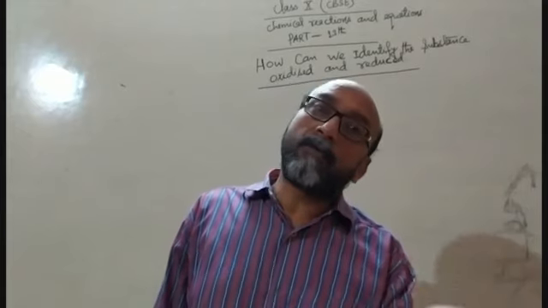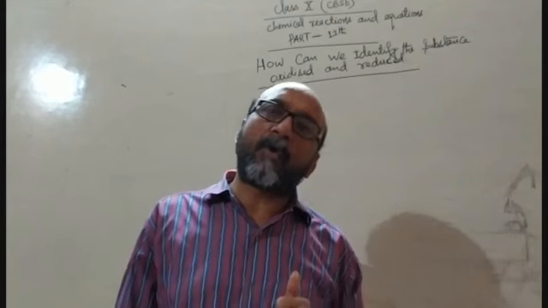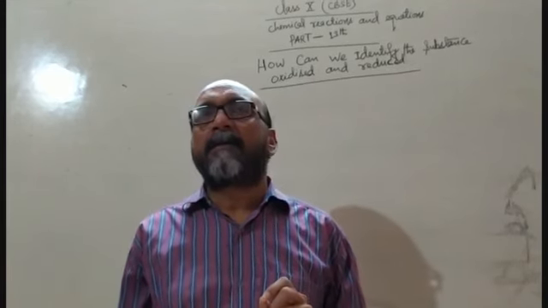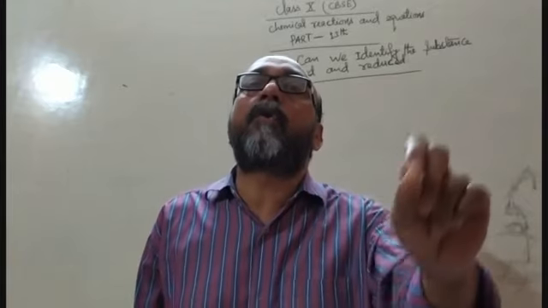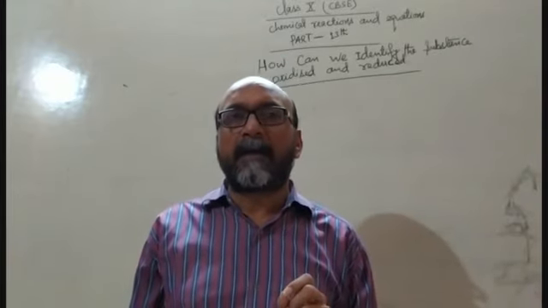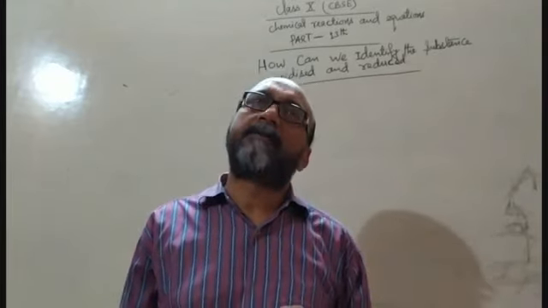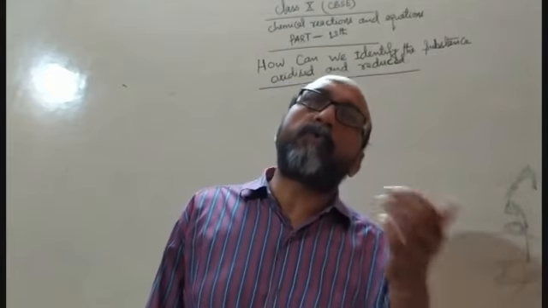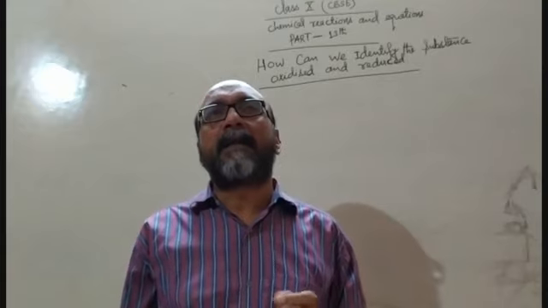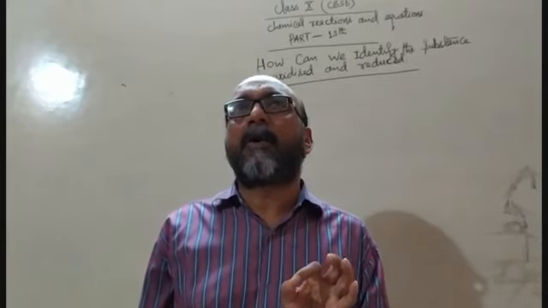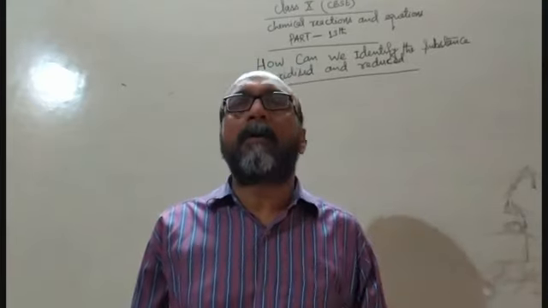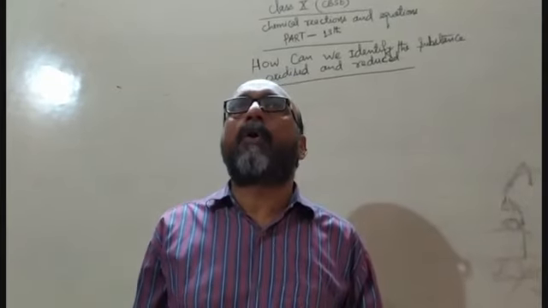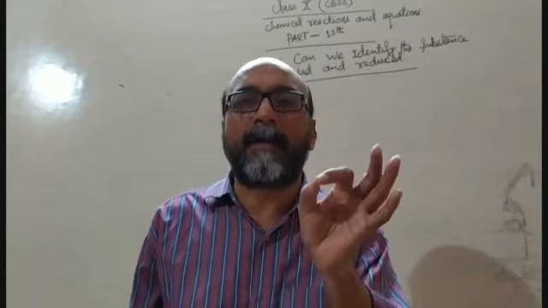The third way to define oxidation is the loss of electron by an element, and the fourth one is the increase in oxidation number or oxidation state or charge of an element.